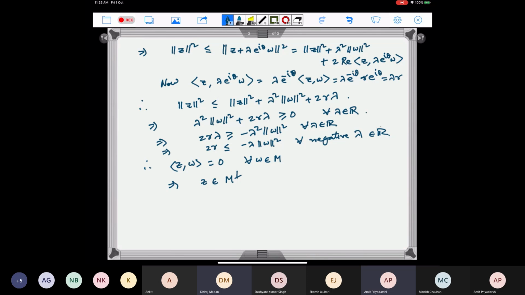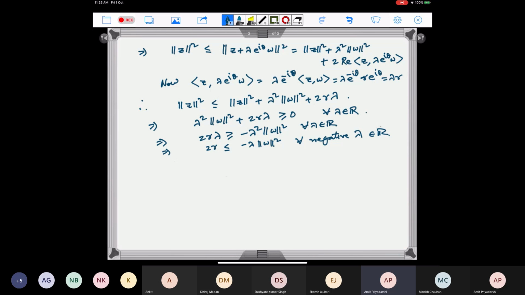So it says that for every negative lambda, 2r is less than or equal to this. Right, so it's not for the large negative lambda.